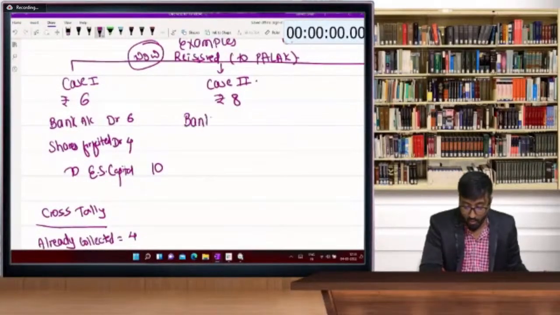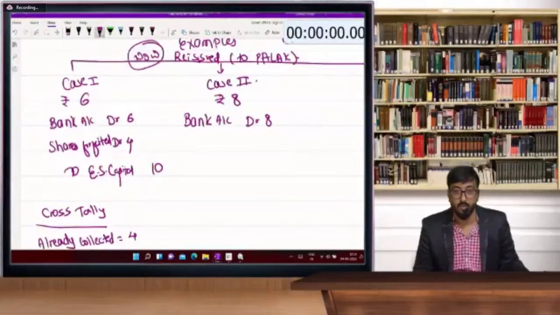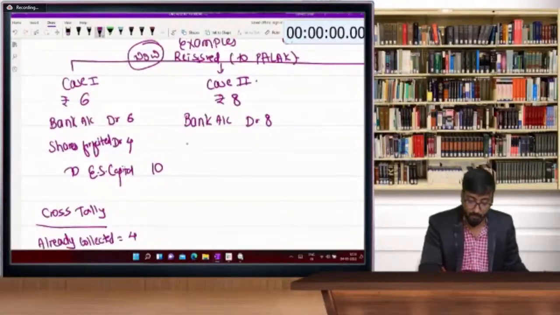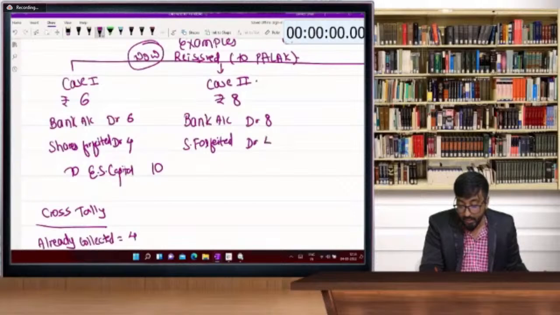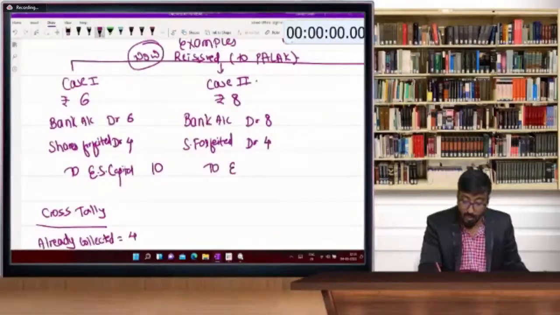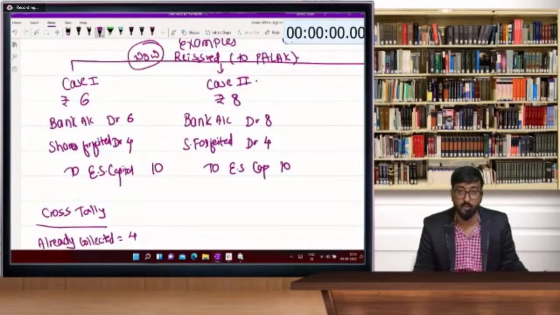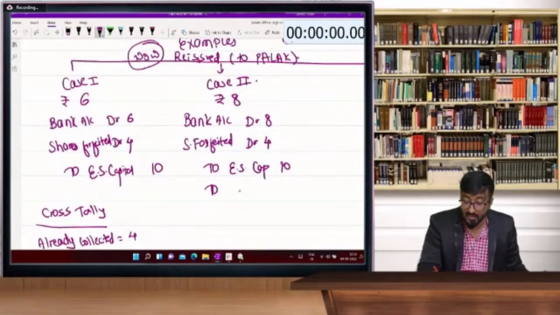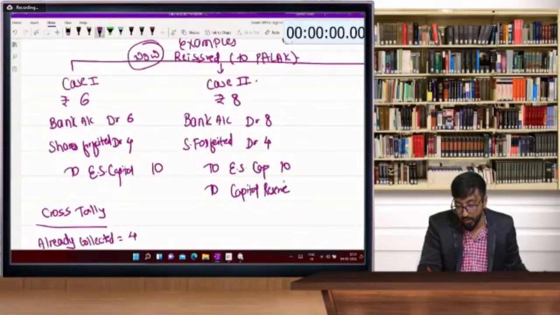Sir, bank account debit 8. We collected ₹8. Shares forfeited account debit 4, we already collected 4. But beta, to equity share capital always at face value or called up amount 10. So excess amount is my profit. So to capital reserve 2.